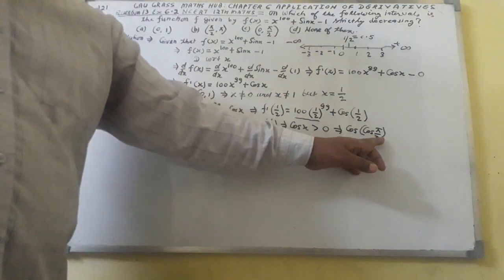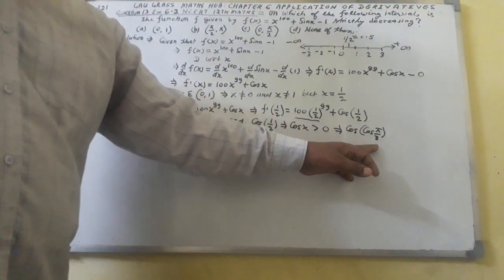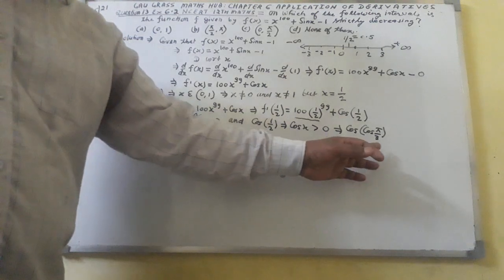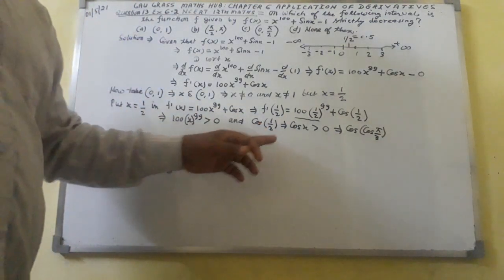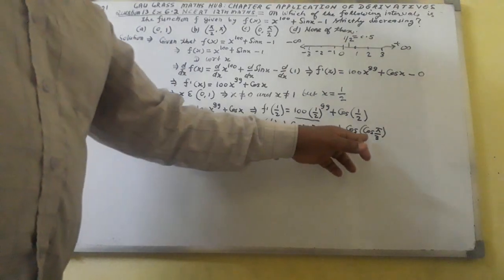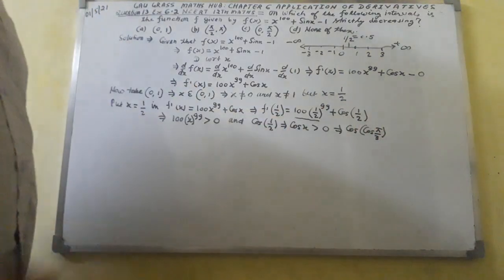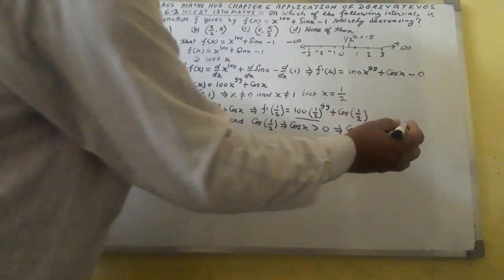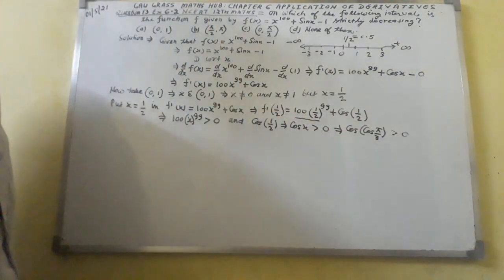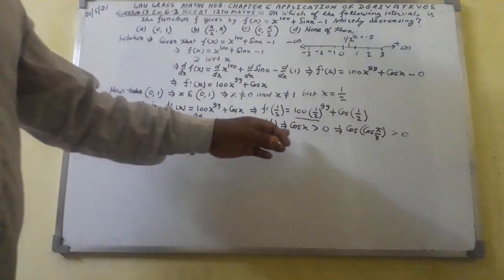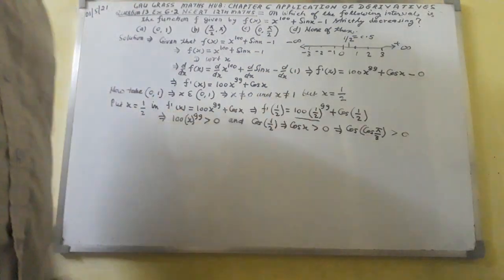Now pi means 180 degrees, so 180 degrees divided by 3 comes out to be cos 60 degrees, which is equal to 1/2. So cos(pi/3) will be greater than 0. That's why I have written here cos x is greater than 0.